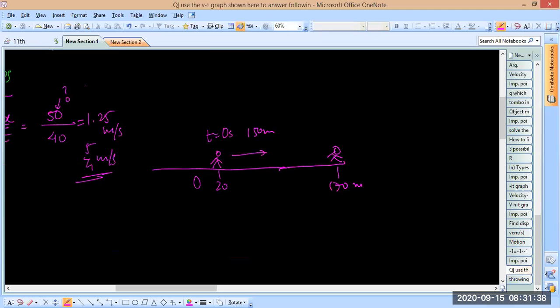And then the person comes back left side by 50 meters, right? So let's say the person is here. What do you think this place is? Come on, people. Hurry up. What's the place? Yes, that's right. 120 meters is the correct answer.